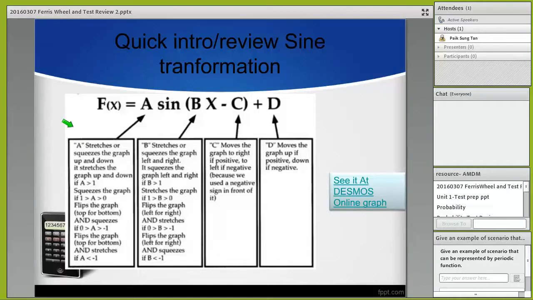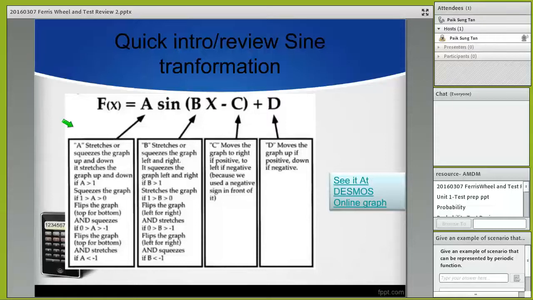It stretches the graph up and down if a is greater than 1, any number greater than 1. It squeezes the graph if a is between 0 and 1, let's say 0.5, any number between 0 and 1.